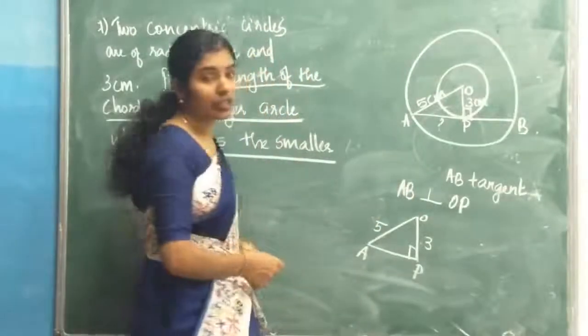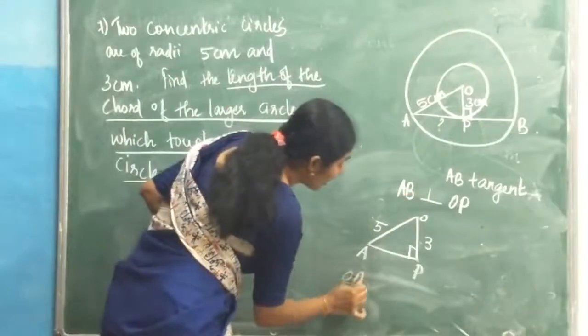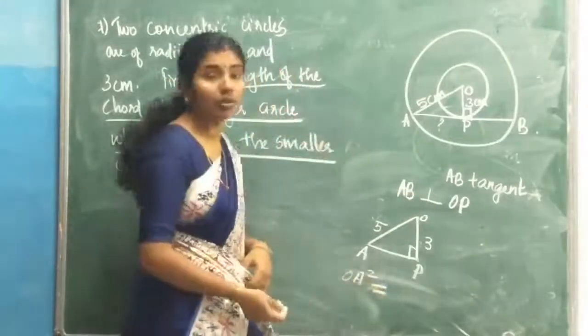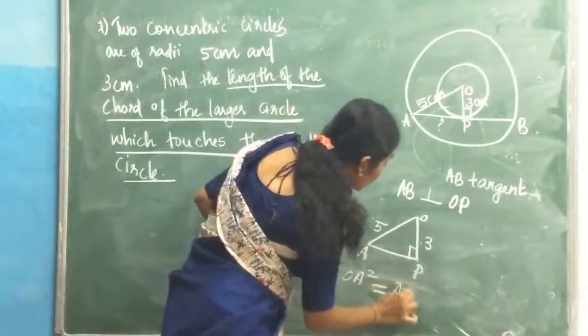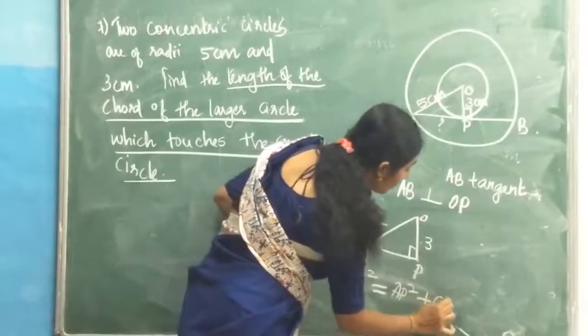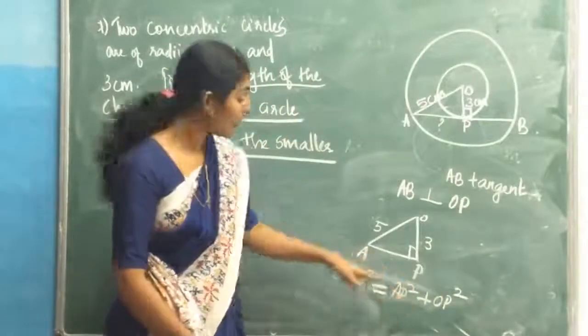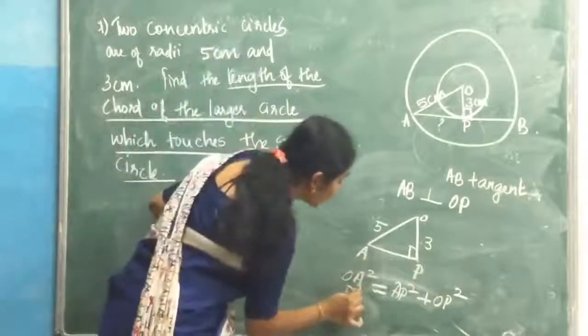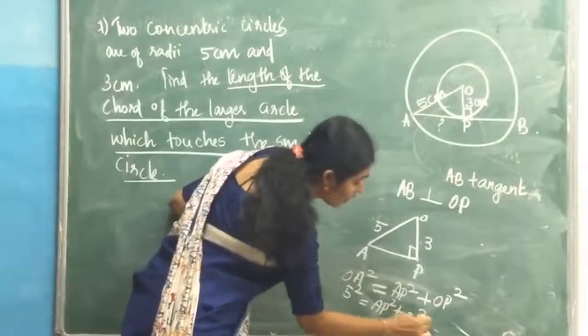When you are applying Pythagoras theorem, the hypotenuse is OA. So what do you get? OA square equal to AP square plus OP square. Substitute the values of OA and OP. What do you get? 5 square equal to AP square plus 3 square.